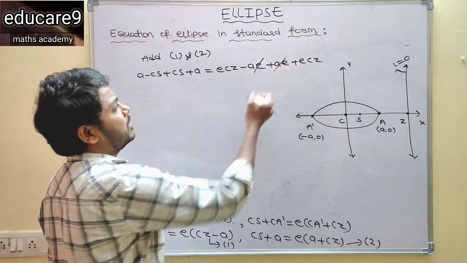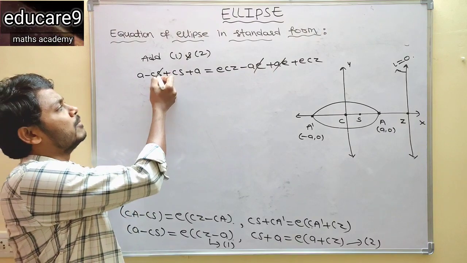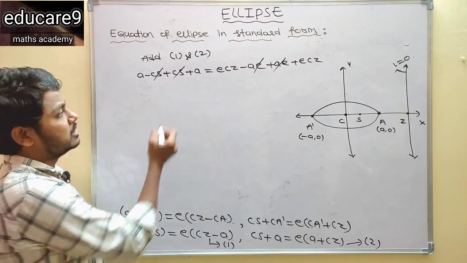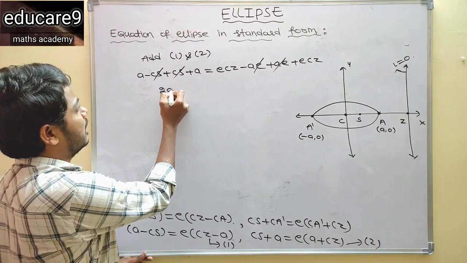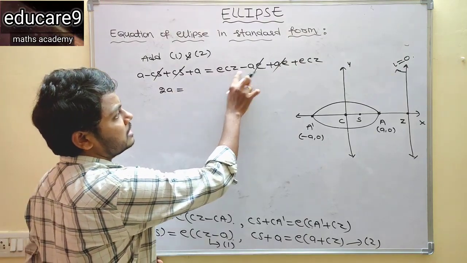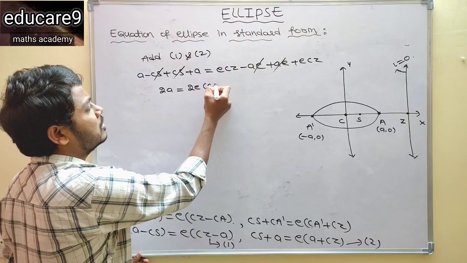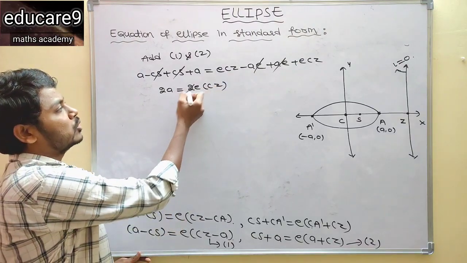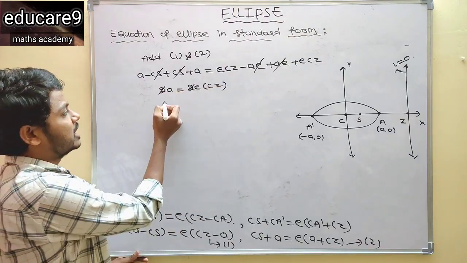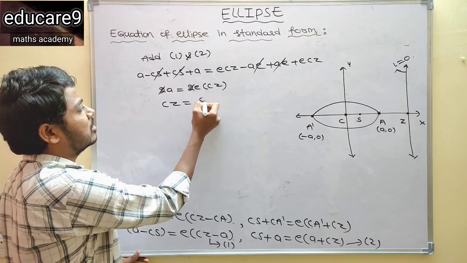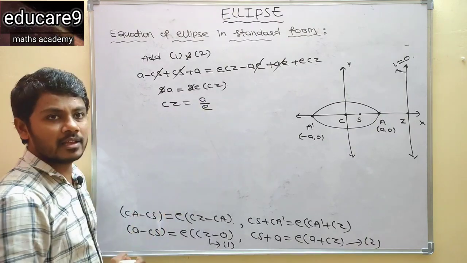So here minus ae plus ae get cancelled. Minus CS plus CS get cancelled. This is 2a is equal to eCZ plus eCZ, that is 2e into CZ. Here 2 gets cancelled. So what is CZ? CZ is equal to a by e.